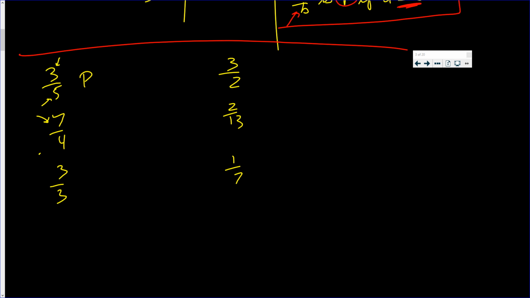Since the top number is bigger than the bottom number, it's improper. Since they're equal, it's improper. The top number is bigger than the bottom number, improper. The top number is smaller than the bottom number, proper. Top number is smaller than the bottom number, proper.